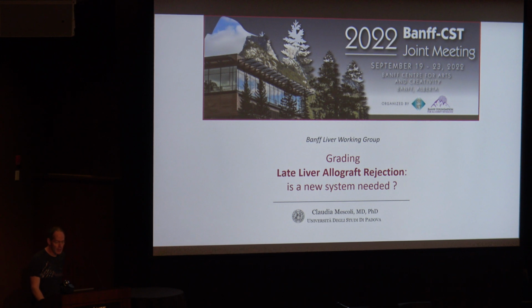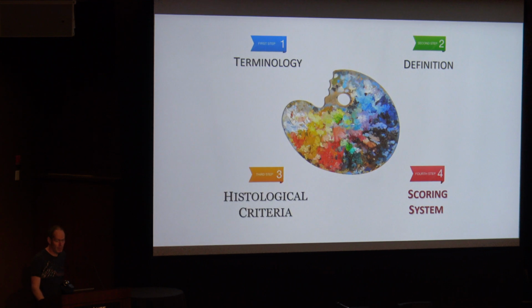Claudia Mescoli gave a fantastic presentation looking at what we do when we report rejection in liver biopsies, and is it time to think about how we do this and adapt to the new challenges of the long-term liver allograft.